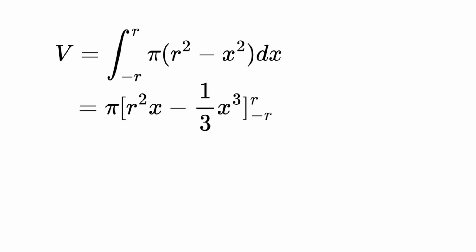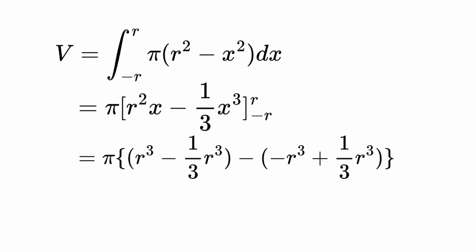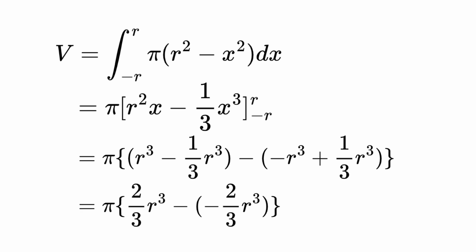When we integrate, we get r squared x minus 1/3 x cubed. Now substitute r for x and subtract the result of substituting negative r. We obtain r cubed minus 1/3 r cubed minus (negative r cubed plus 1/3 r cubed). Simplifying, we get 2/3 r cubed minus negative 2/3 r cubed.